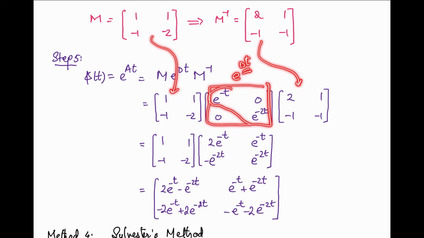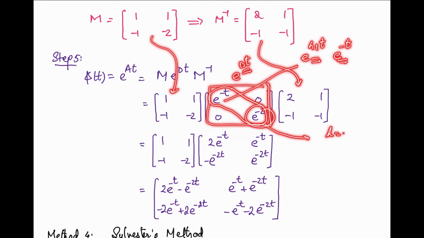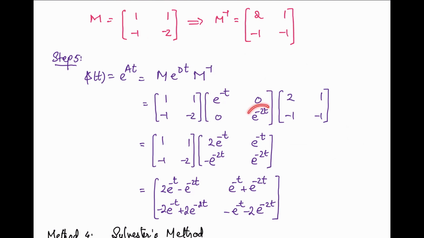Over the diagonals you can see this is e raised to the power lambda 1 t, lambda 1 is minus 1, so it is e raised to the power minus t, and the second eigenvalue, lambda 2 equal to minus 2, so from here you can get e raised to the power lambda 2 t, that is e raised to the power minus 2t, and that you can see over here.